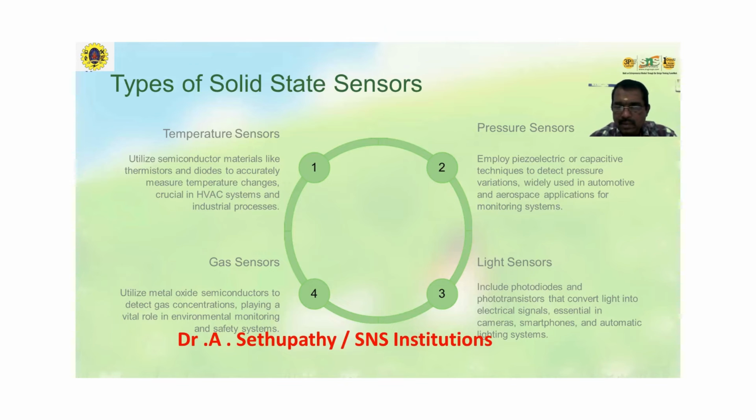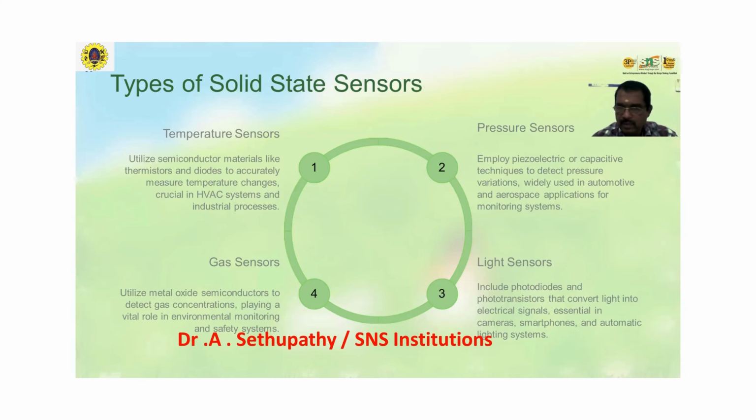These sensors detect gas concentrations and play a very big role in environmental monitoring and safety systems. We use gas sensors in environmental monitoring systems to see how much pollution is affecting the atmosphere. The gas sensors detect the gas percentages and compositions in environmental conditions.